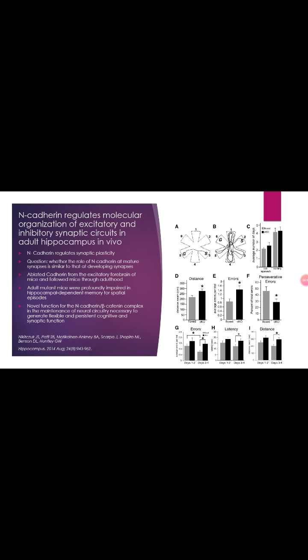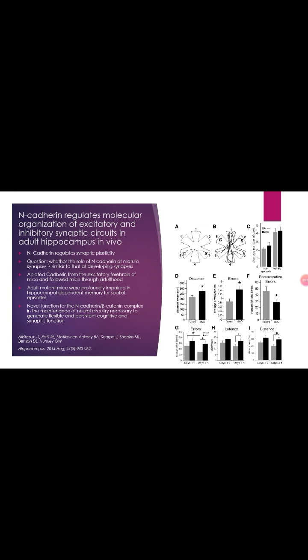The main test that they used was the Morris maze, where a platform is placed in the water, and the mouse has to find that platform. In normal mice, as shown in A, after repeated trials, the mouse easily finds the platform, but as shown in figure B, after repeated trials, the mice with ablated cadherins do not find the platform, as seen by the many lines, or the many errors it has made.